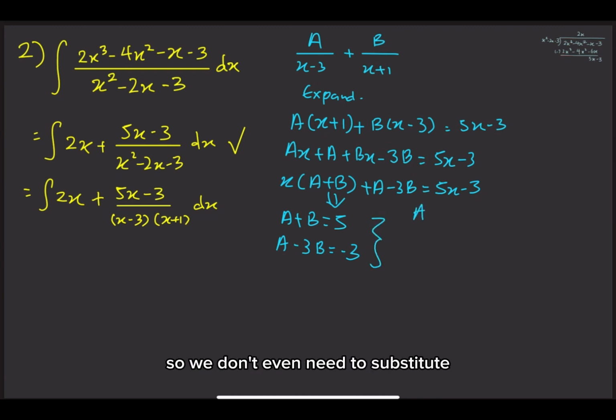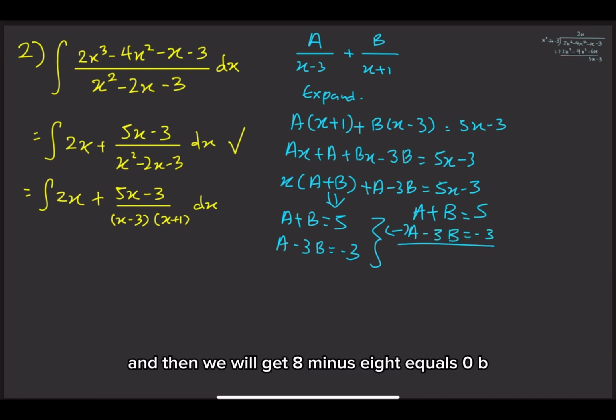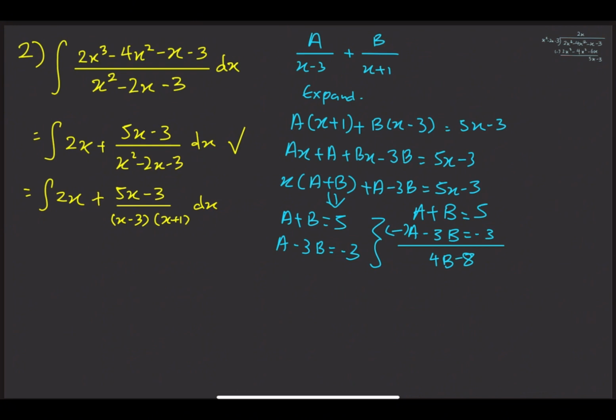We don't even need to substitute. We can just subtract: A minus 3B equals negative 3, so A minus A equals 0, B minus negative 3B is 4B, and 5 minus negative 3 is 8, equal to 8.